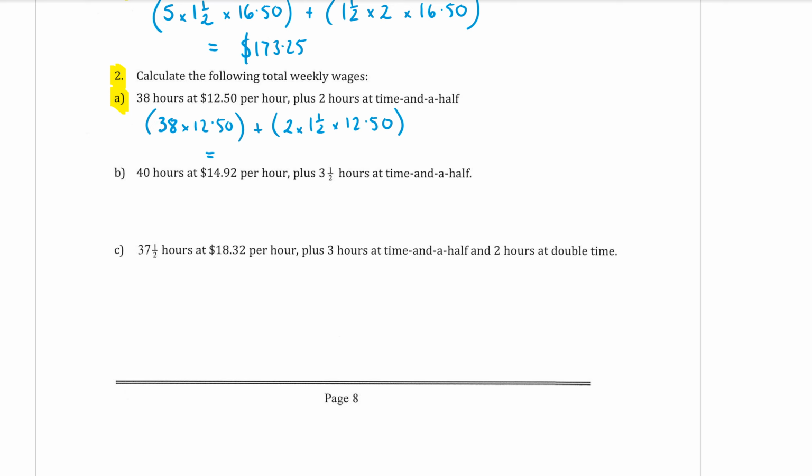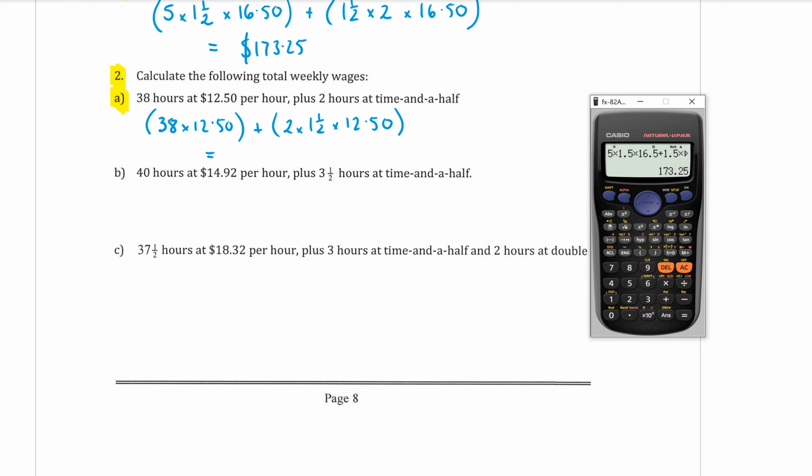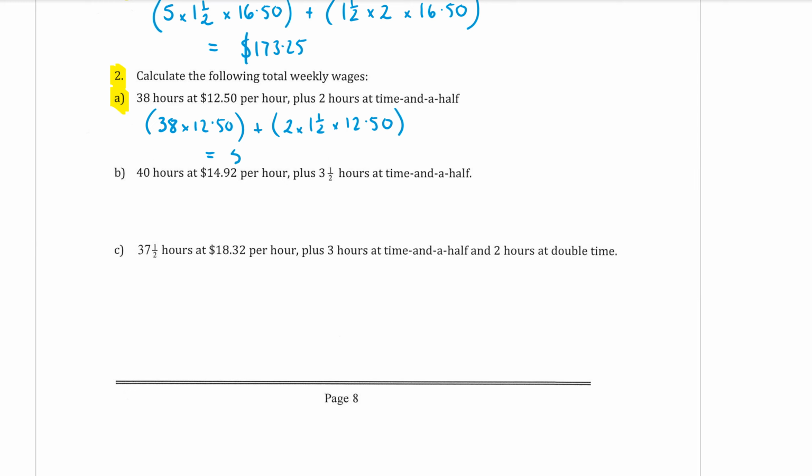So their normal pay is the first bracket and their overtime pay is the second bracket. So let's work that out. 38 times $12.50 plus 2 hours at time and a half times $12.50. So that's $512.50.